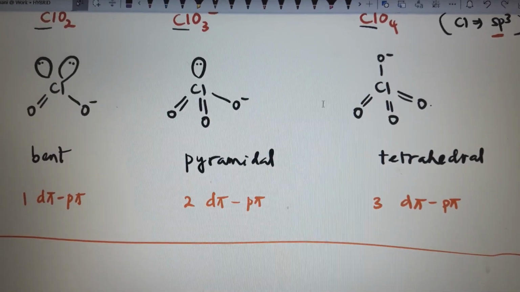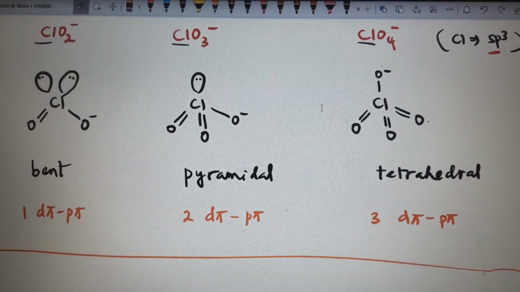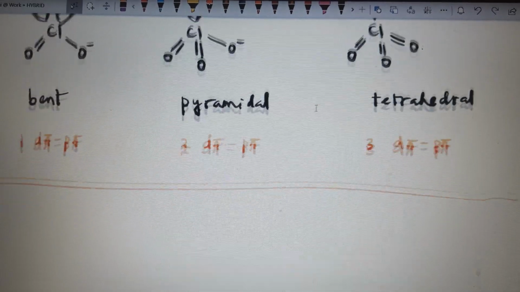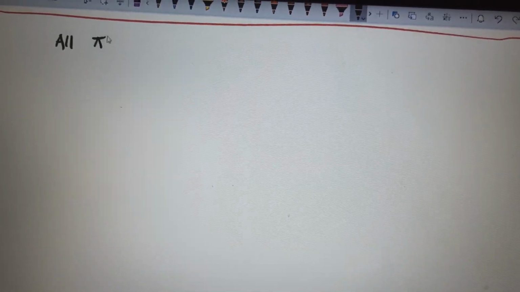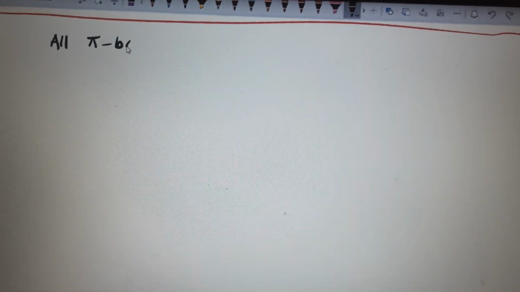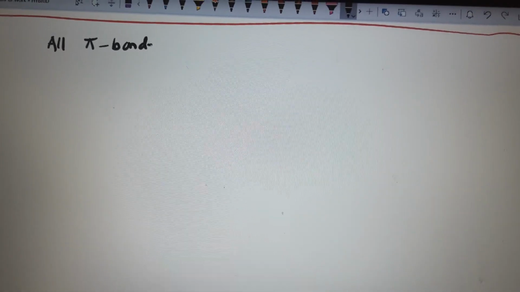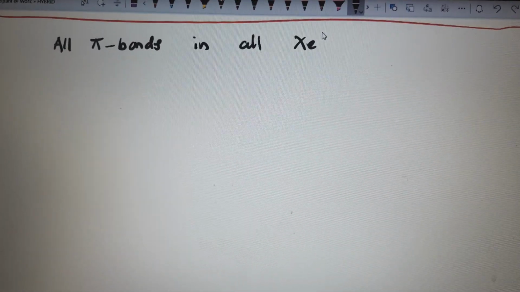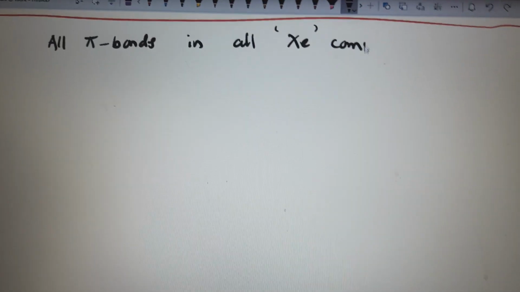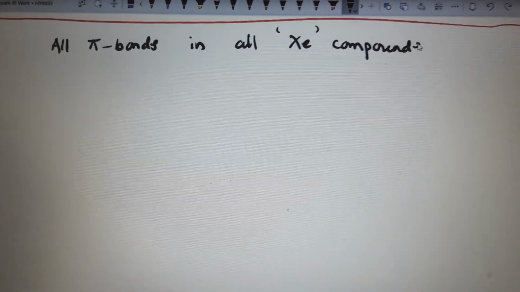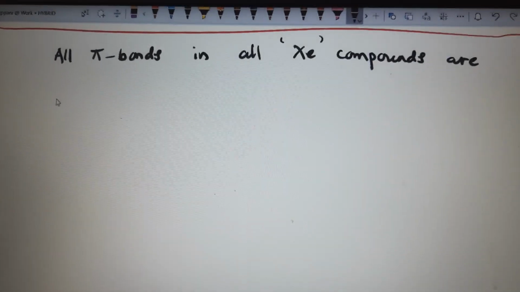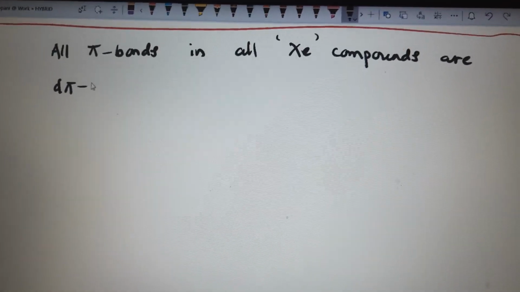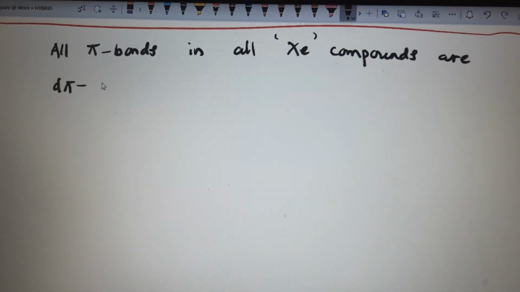Then last, xenon compounds. Whatever pi bonds are present in xenon compounds are of dπ-pπ type. All pi bonds in all xenon compounds are dπ-pπ type.